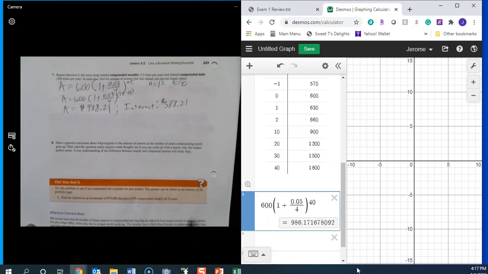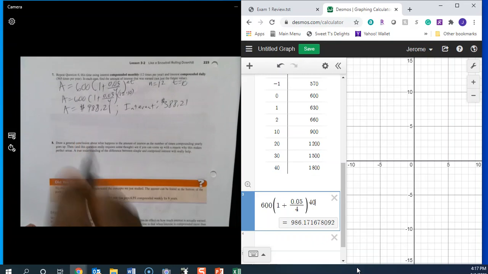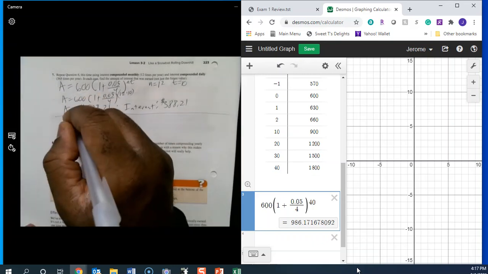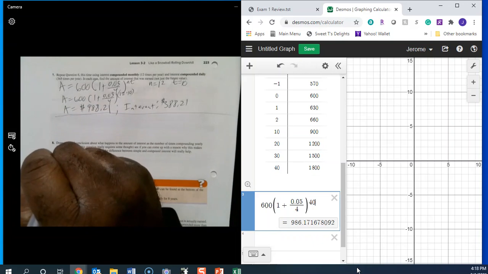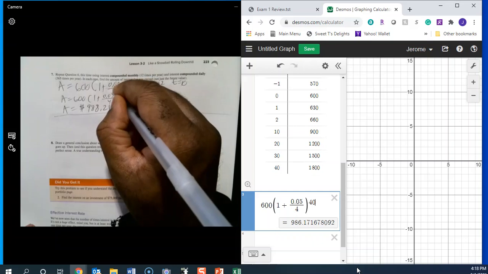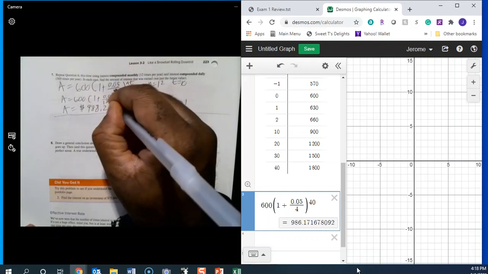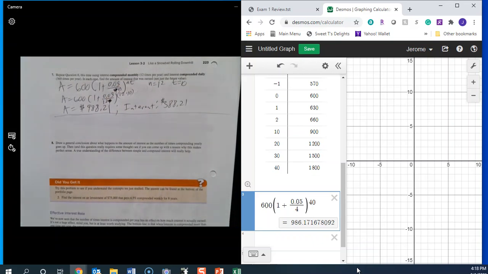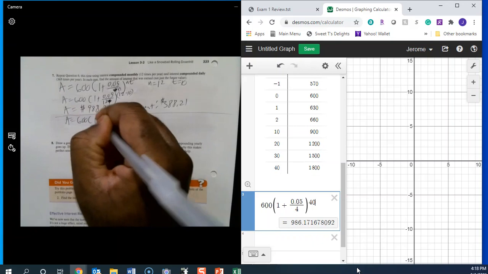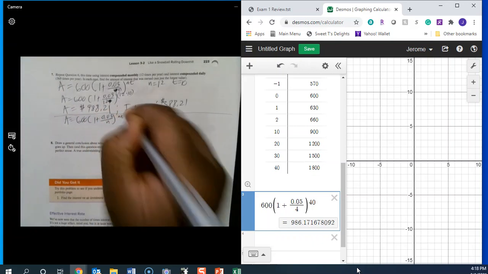Now, they want us to do compounded daily, which is 365. So we would take this same formula. Oh, you know, I made a little error. This shouldn't be over 4. This should be over n, and it should be over 12, not 4. Okay, so we had A is equal to 600 times 1 plus 0.05 over n to the nt.